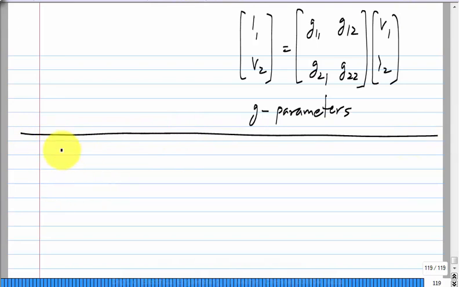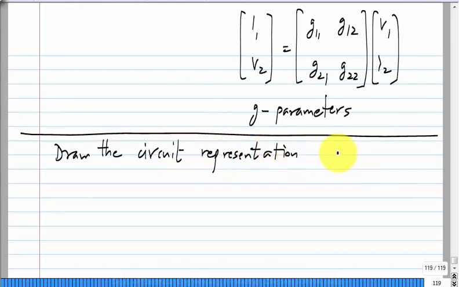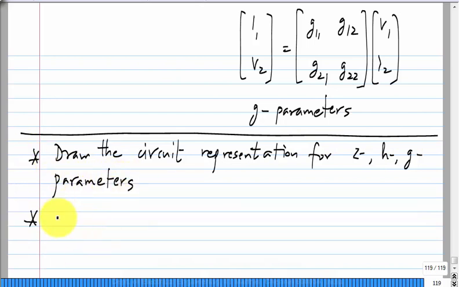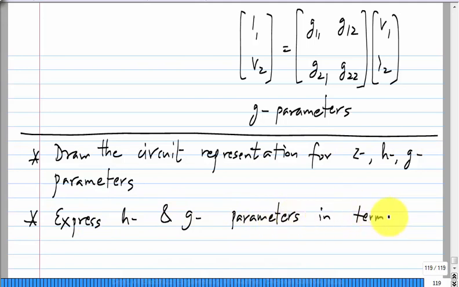Please, first of all, draw the circuit representation for Z, H and G parameters, and also express H and G parameters in terms of Y parameters.